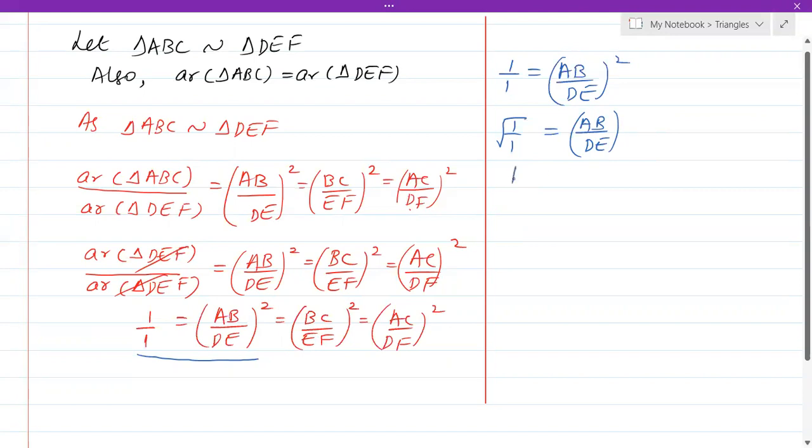Square root of 1 is 1. Again, square root of 1 is 1. So you get 1 is equal to AB by DE, which implies if you cross multiply it, DE is equal to AB. Let's take it as equation 1.